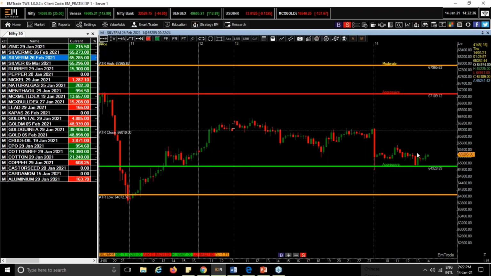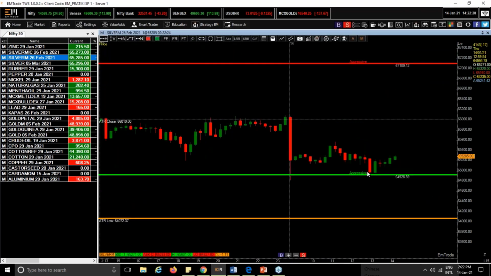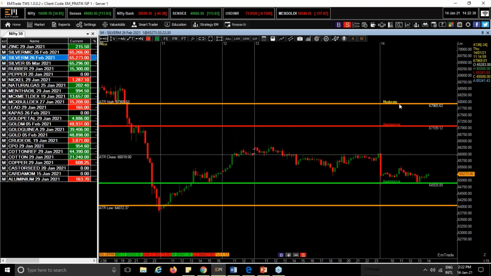That's why when your price enters the support level, the bands start with the first band, second, third, and fourth band. So the third band is your entry price. So definitely, Alan, we go for the long option for silver M and take the trailing stop loss at your fourth band.